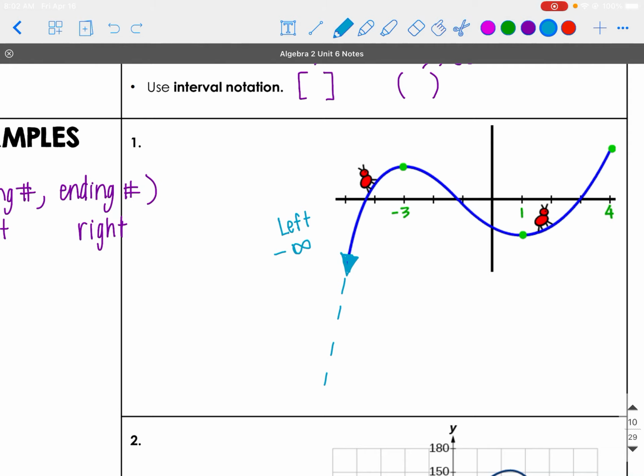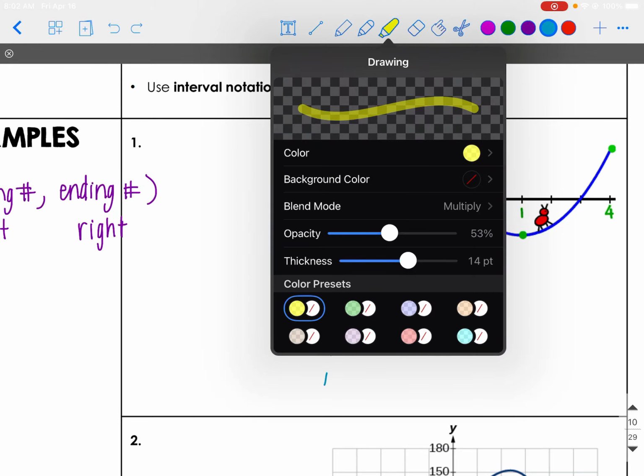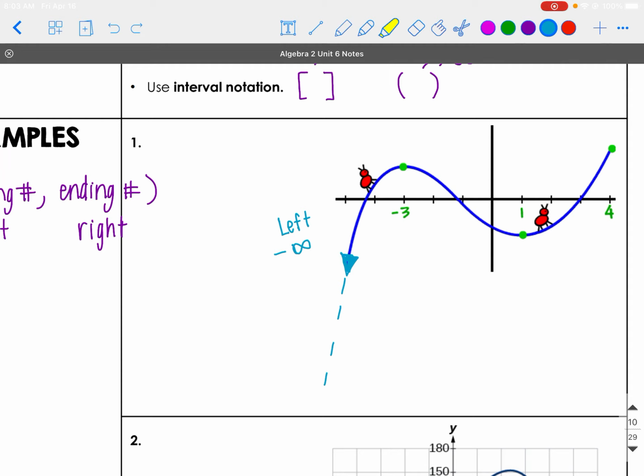There's not an arrow. And so then we're going to look at, okay, is our ant walking uphill or downhill? So first, if we're going left to right, the ant walks uphill until it reaches this point right there.